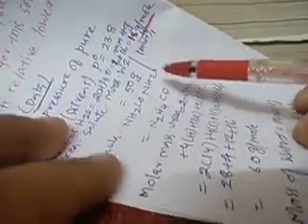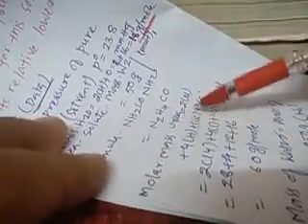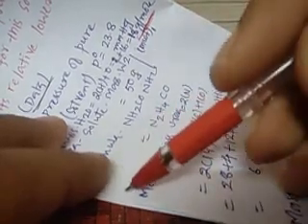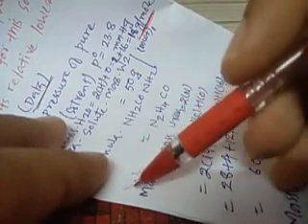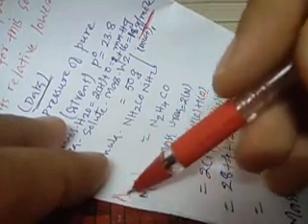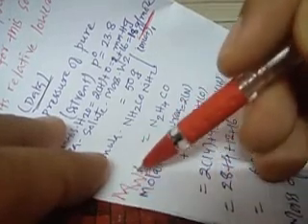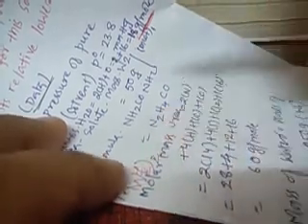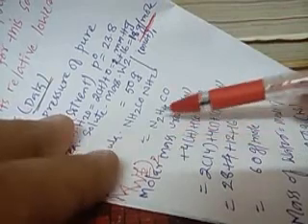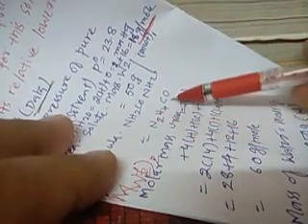Now we can find the molar mass of urea. This molar mass of urea is nothing but your MWT2, the molecular weight of the solute. So urea is N2H4CO.